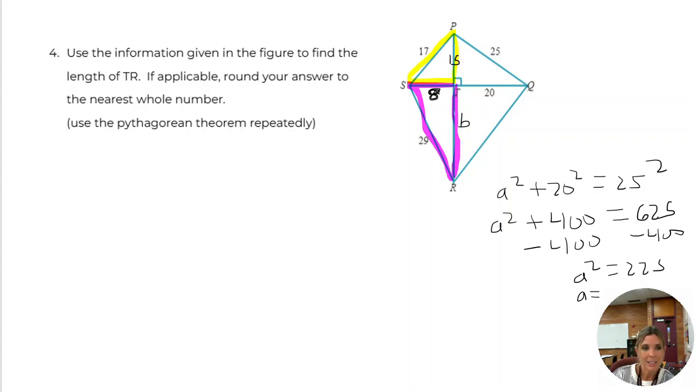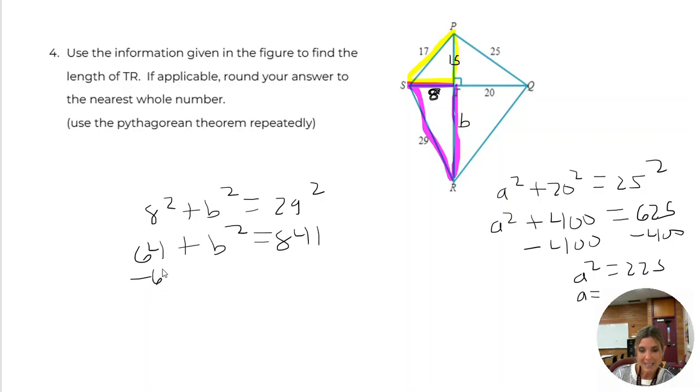We are going to say that 8 squared plus b squared is equal to 29 squared. So when you do 29 squared, you get 841. This is 64. We minus 64 from both sides. So 841 minus 64 is 777.